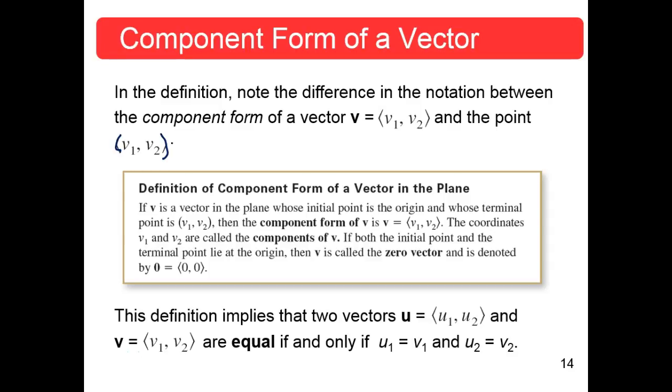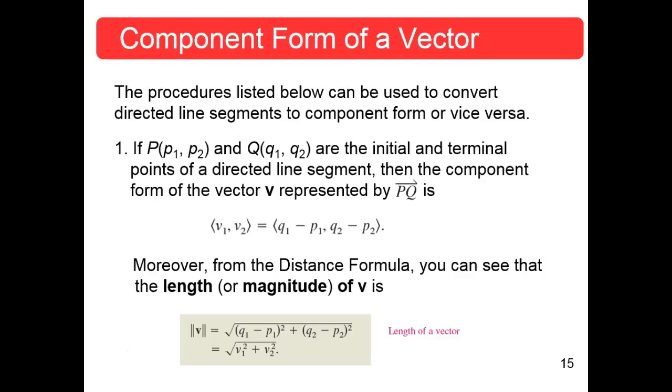If U1 was 2 and V1 was 4/2, they're the same. They're equal to each other. They may not look the same, but they are. 2 is 4/2 or 6/3 or whatever. So if they are equal, whether they're in the same form or not, 2 or square root of 4, same thing, okay? Doesn't matter. But if those 2 are equal, the first components are the same, second components are identically the same, then these are equal vectors.